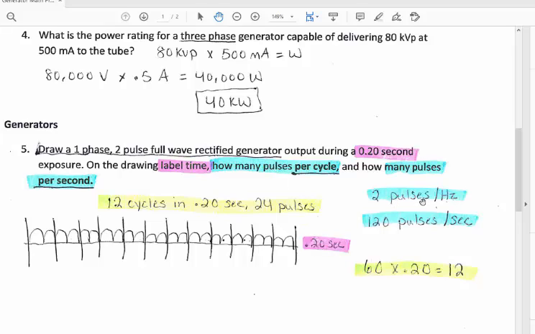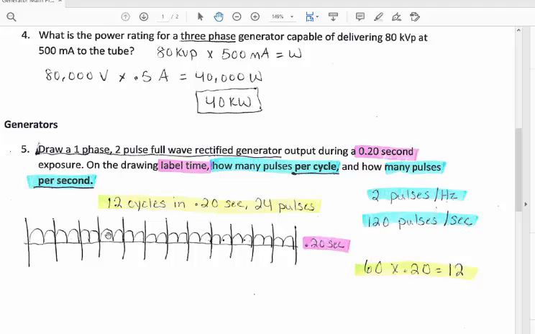We know with a 2-pulse full wave rectified generator, 2 pulses per cycle, and 120 pulses per second. Well, we only want to draw 0.20 seconds of that 60 seconds. So right here, I did 60 times 0.20. That's how I knew how many cycles I have to draw. 2 pulses per cycle, you're going to draw 24 pulses.